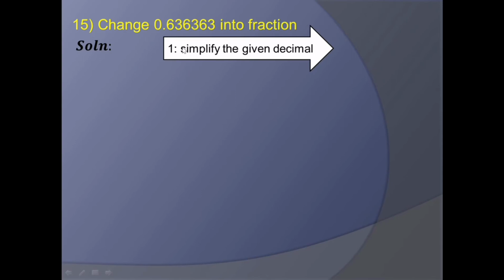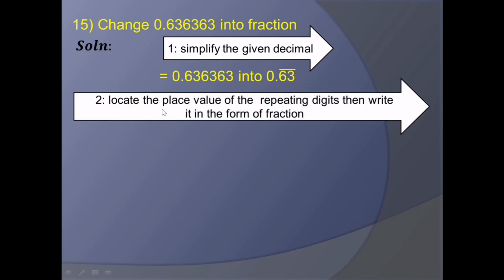Instead of writing 0.6363 and so on, we're going to convert it into 0.63 with a vinculum, or bar, which means after 63 is another 63 and so on. Then locate the place value of the repeating digits, then write it in the form of a fraction. So the place value, tens, hundreds, then in the form of a fraction. This is the first method in converting this kind of problem.